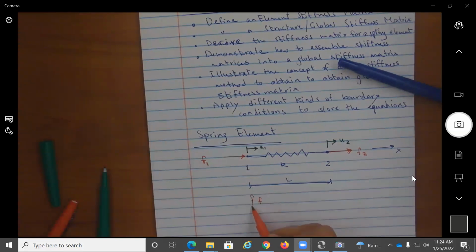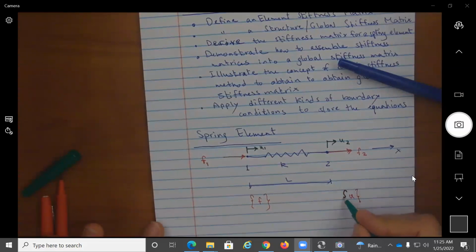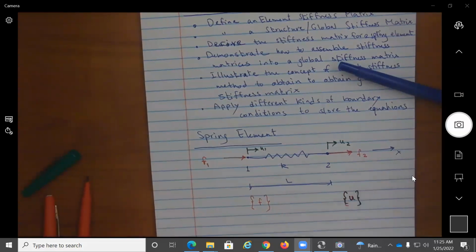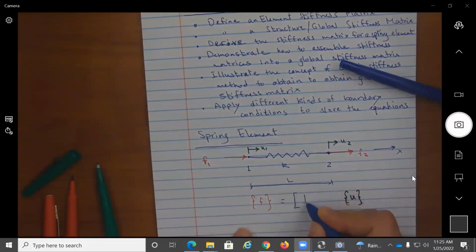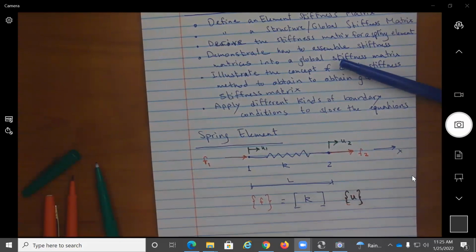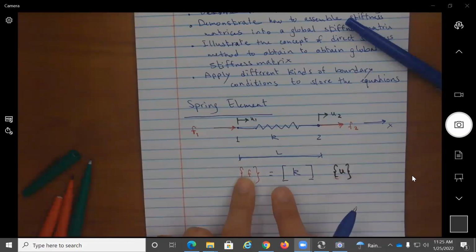I'm going to express it first in matrix form. We relate F, the element forces, to the element displacements that we're going to call U. So I want to relate these two together. And these two are directly related via that element stiffness matrix, lowercase k. So far, I have defined F, I have defined U, and we are yet to evaluate the element stiffness matrix.